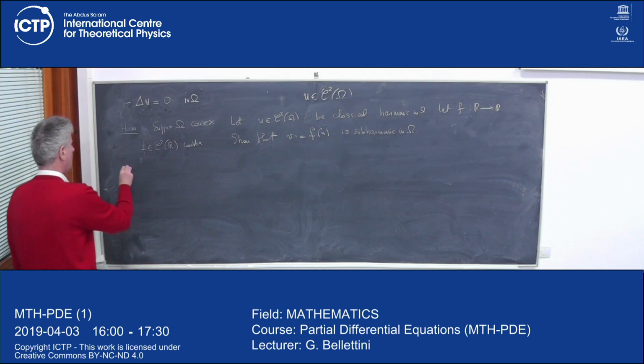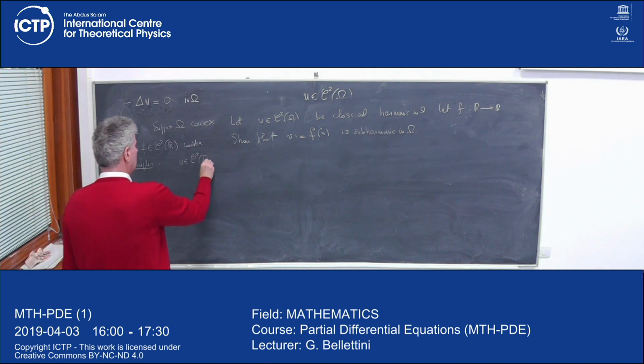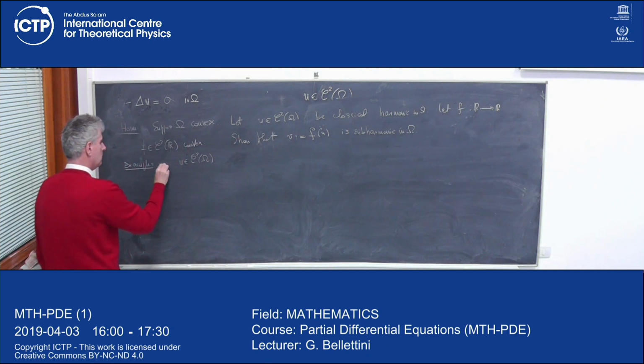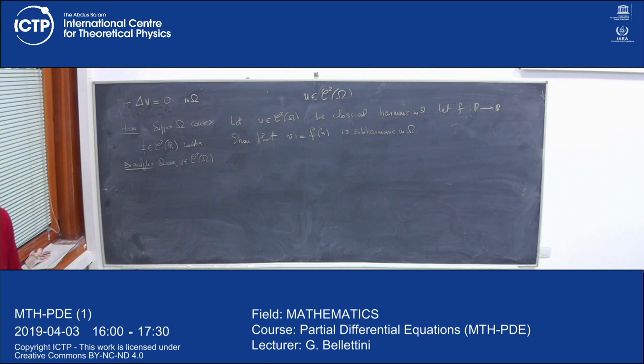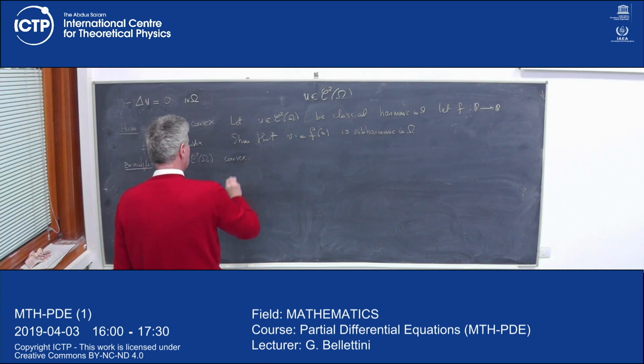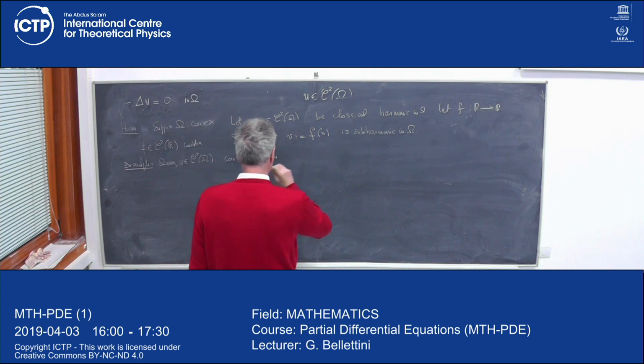How can we find other examples? Now we need examples. Suppose that U in C2, omega convex, then U is subharmonic.